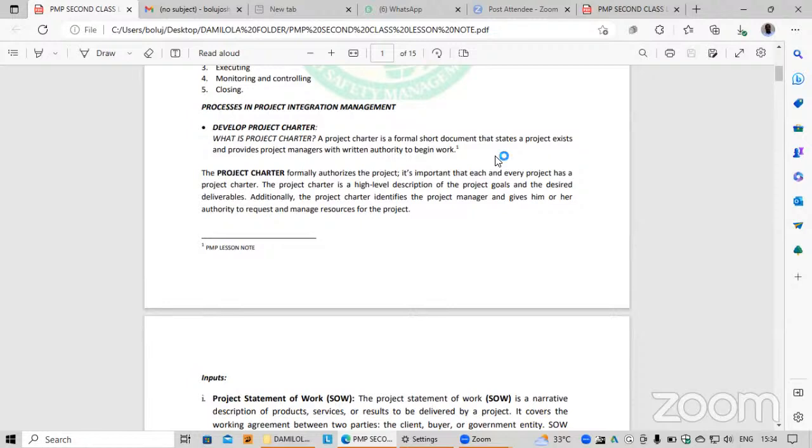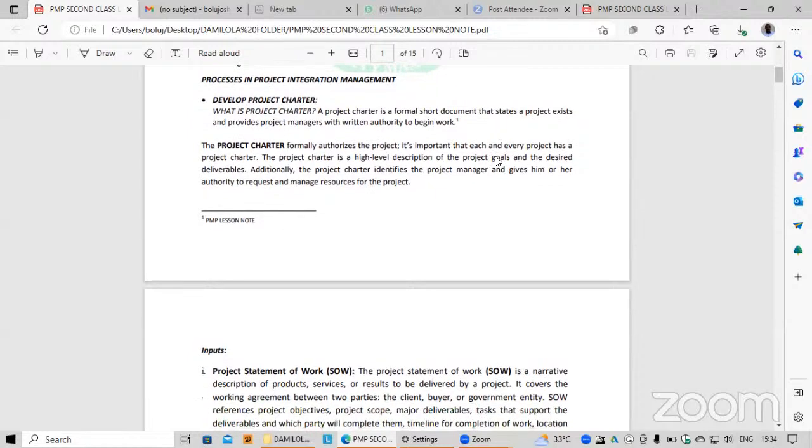He will be the one in the forefront having meetings and agreements with the sponsor of that project. Whatsoever the discussion as regards that project, he is in the forefront of that process. And so he is the one developing the project charter of that specific project.